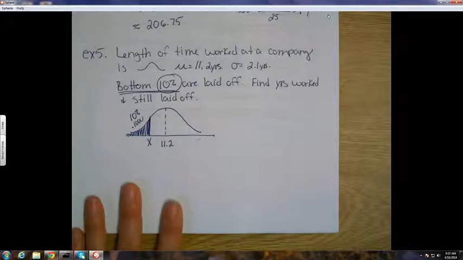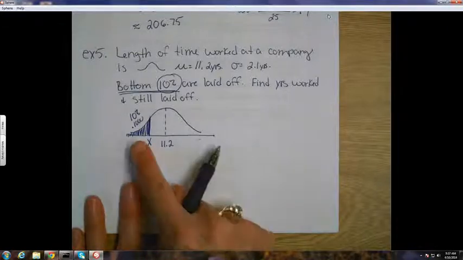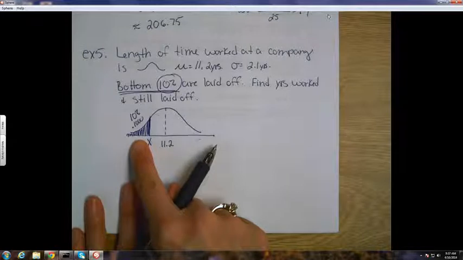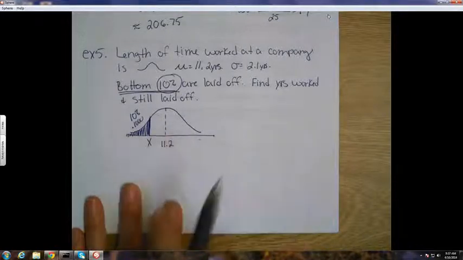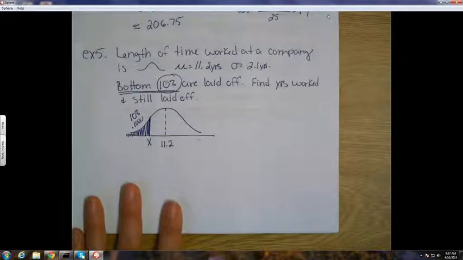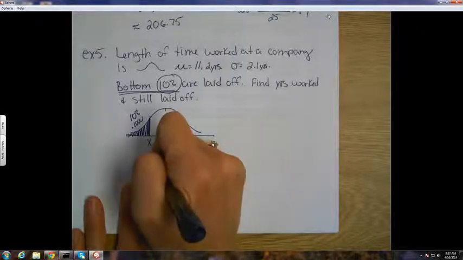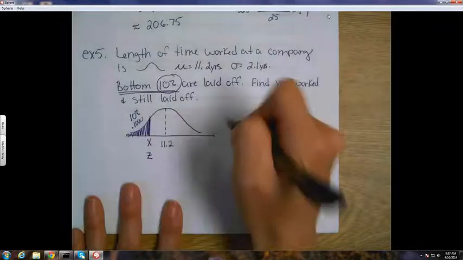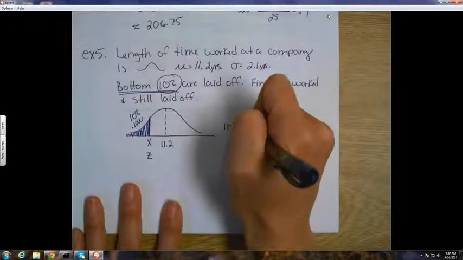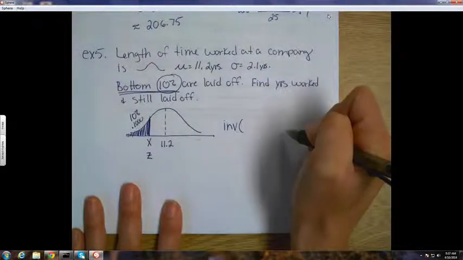Okay. If I know area, what function on the calculator can I use to find something about this? What is invNorm going to kick back? It's going to kick back the z-score. So if I use invNorm, what does it want to be fed? Which area?